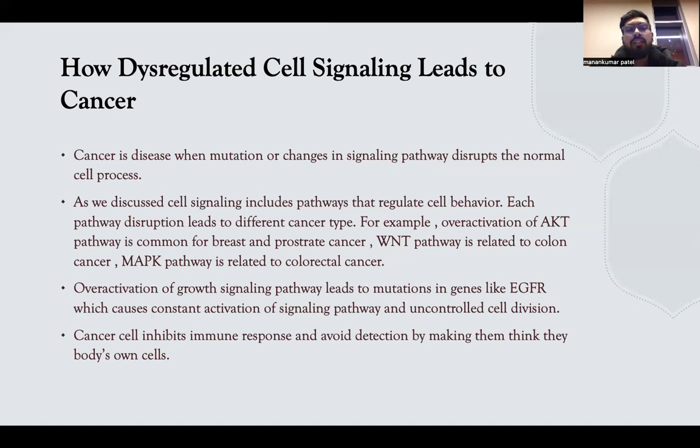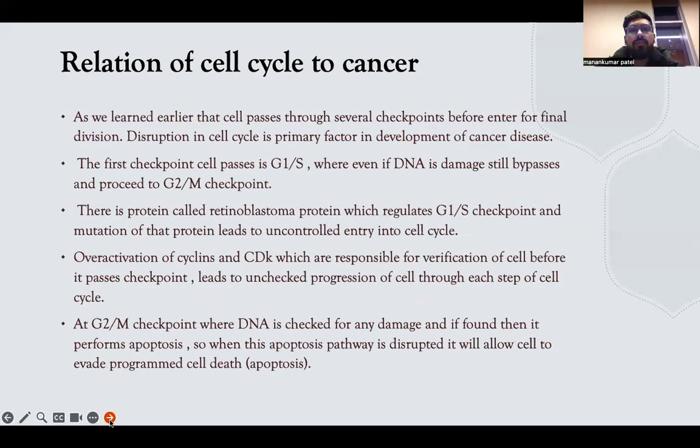Cancer cells are clever, so they inhibit the immune response and avoid detection by making the body think they are its own cells. So the immune response will not act against cancer cells, and the tumor will spread to different parts of the body.